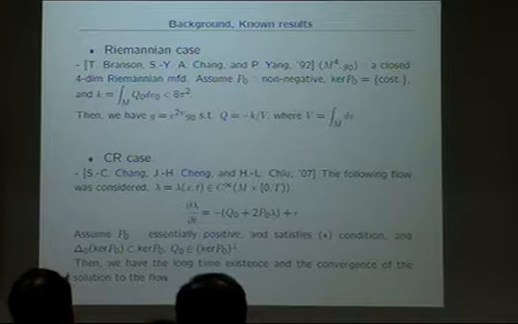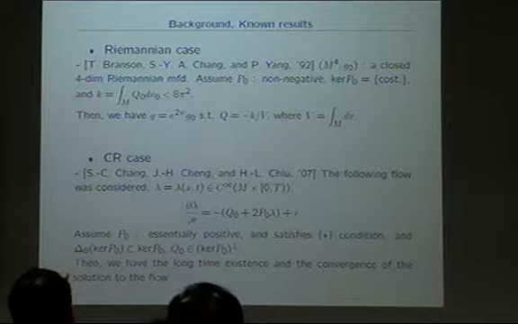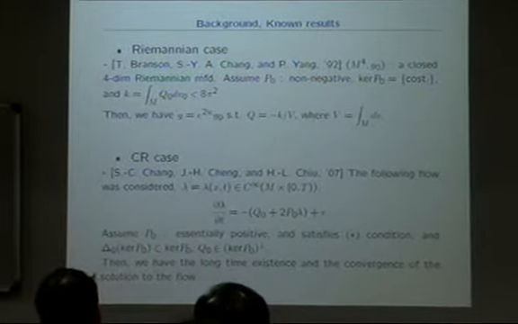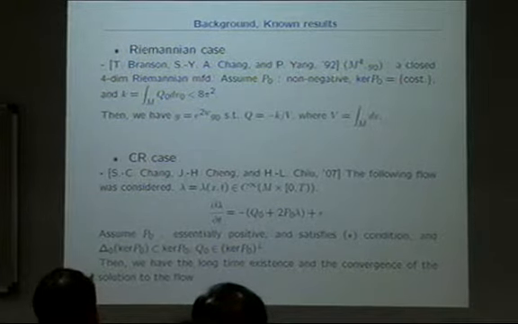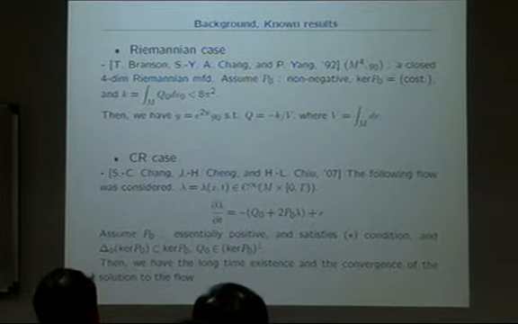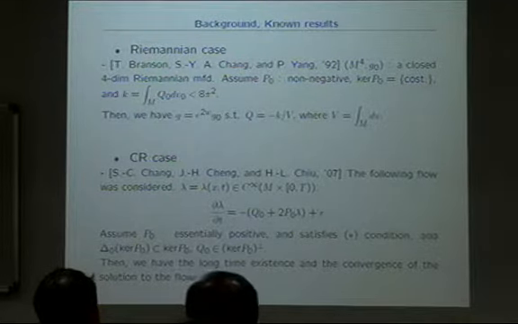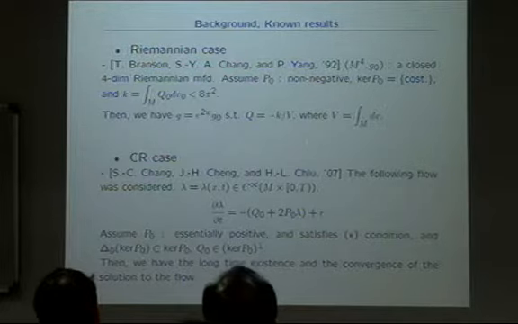Q-curvature and the Paneitz operator were originally considered in conformal geometry. So there are many results in conformal geometry, but today I introduce only this result, which is shown by Brendle, Chang, and Yang. We consider a four-dimensional Riemannian manifold and fix a conformal metric g0. And we assume three conditions. The first two conditions are conditions for the Paneitz operator.